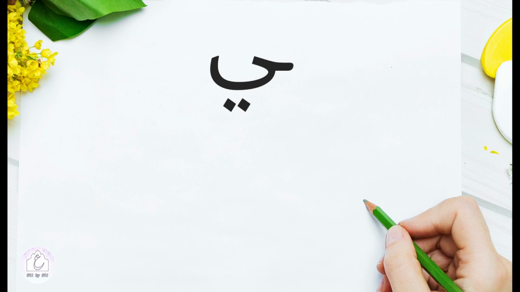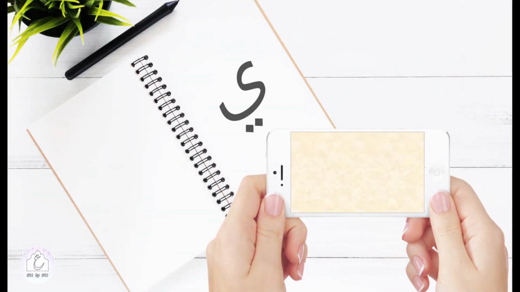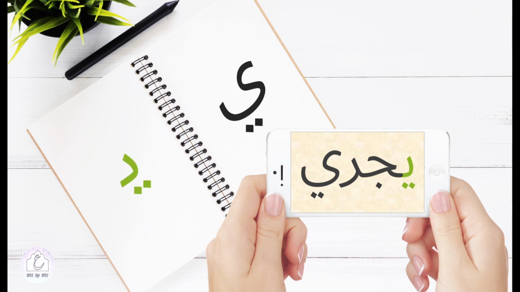Now, how about checking some examples to see these different positions? In the initial position, Ya changes from the isolated form to pave the way for the following letter.